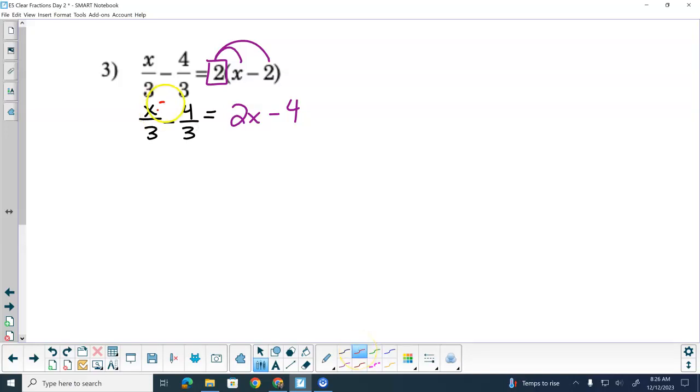Multiplying everything by 3. 3x times 3 divided by 3 is x. 4 times 3 divided by 3. 2x times 3. 4 times 3.